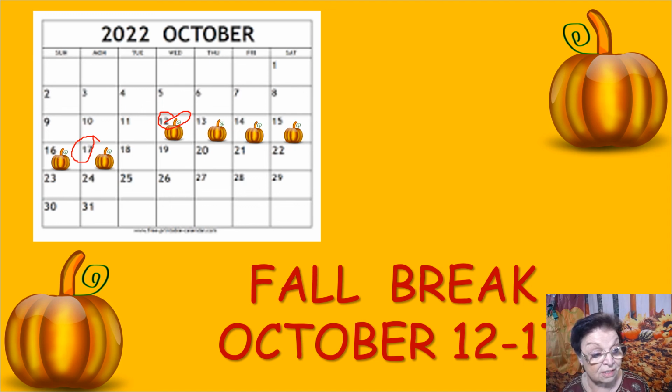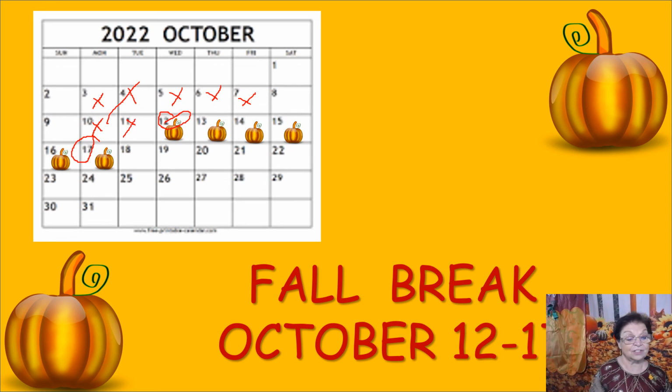This is today. You're going to go to school this week, and then you get the weekend off. 2 days next week, Monday and Tuesday, and then you don't have to come to school for 6 days.